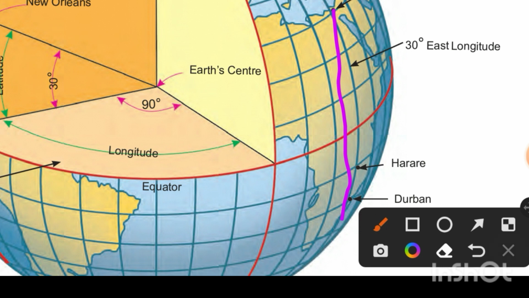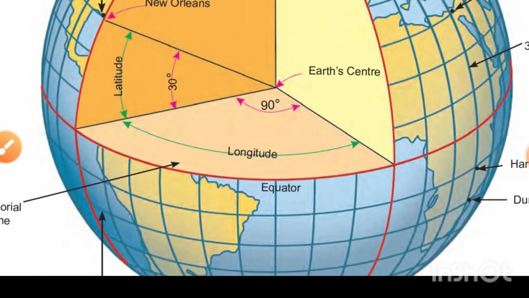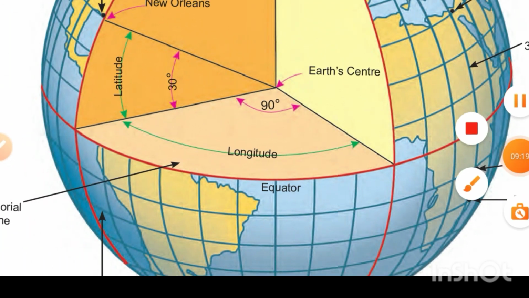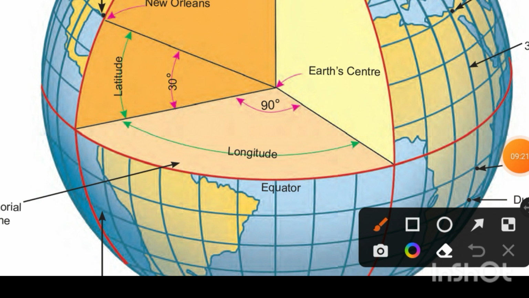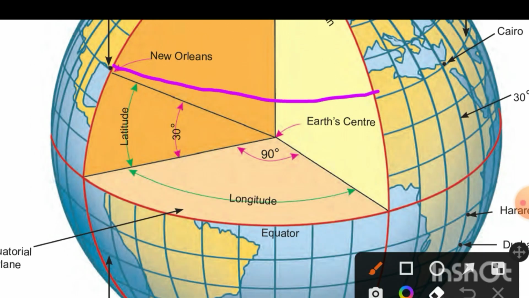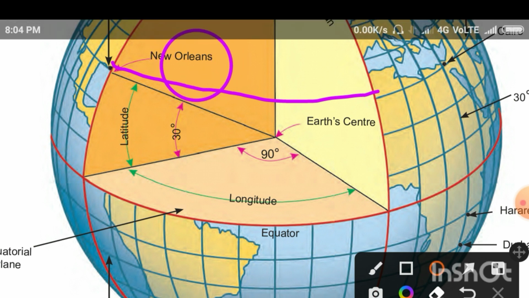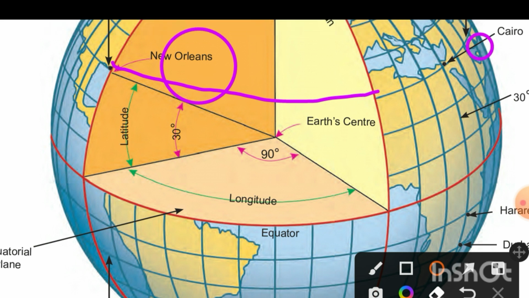And the same applies for latitude as well. I'll show you here for latitude, let me use the brush. So New Orleans, this is in America. And Cairo, if you see on this latitude, there are two places, New Orleans and Cairo.